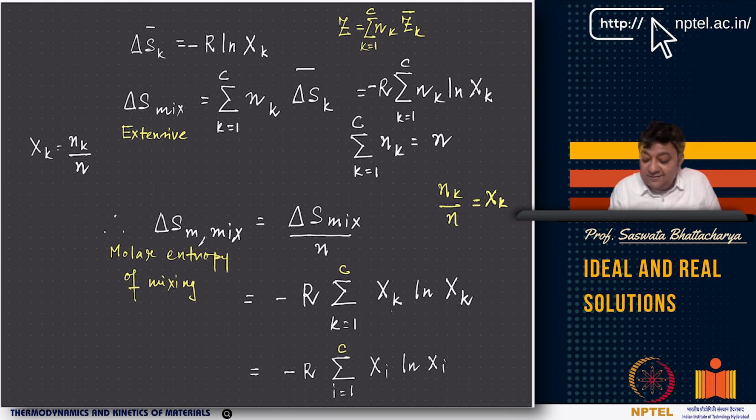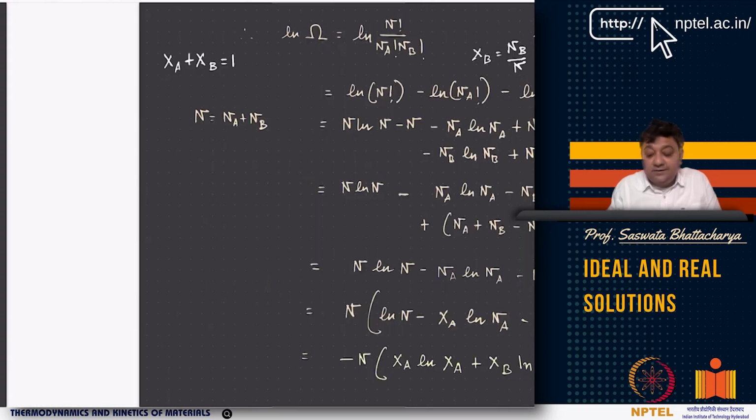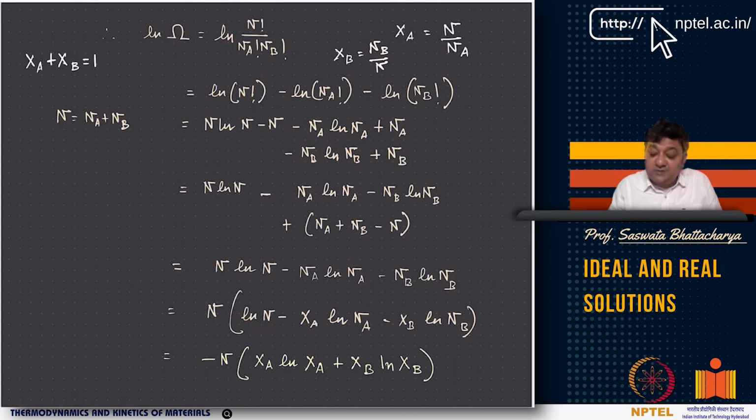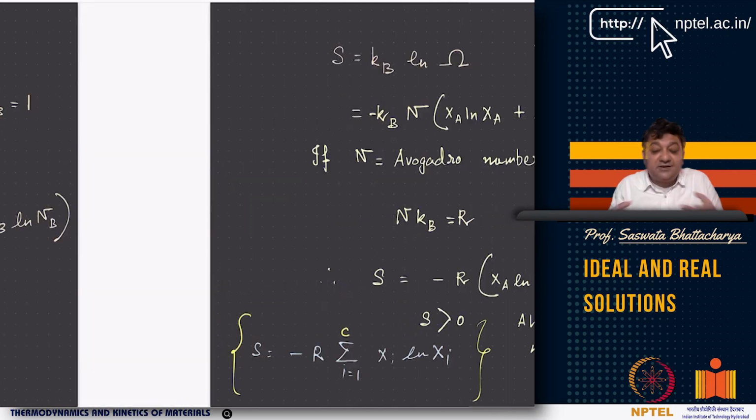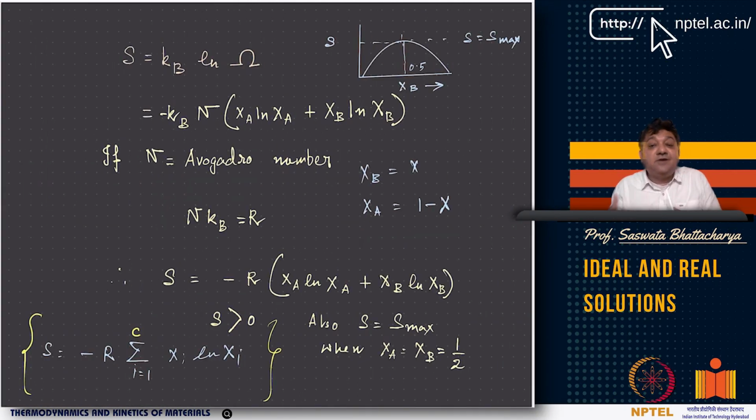So that's the idea. For ideal mixing, the molar entropy of mixing comes out to be minus R sum X_i ln X_i. From the statistical mechanical interpretation of entropy, looking at the configurational entropy of several components, where the number of components is C, we get back the same expression, minus R sum X_i ln X_i.